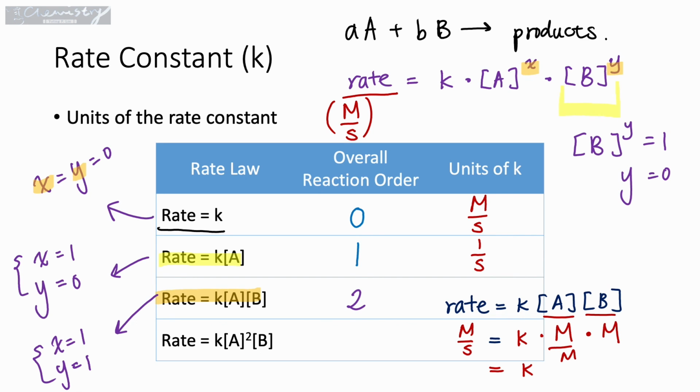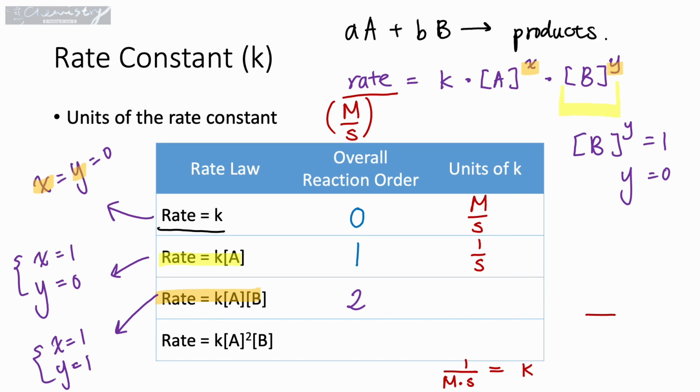We divide by molarity, and then we divide again by molarity on both sides. And then we will get 1 over molarity times seconds as its units for k. So if the overall reaction is a second order reaction, then the units of the rate constant will be 1 over molarity times seconds.